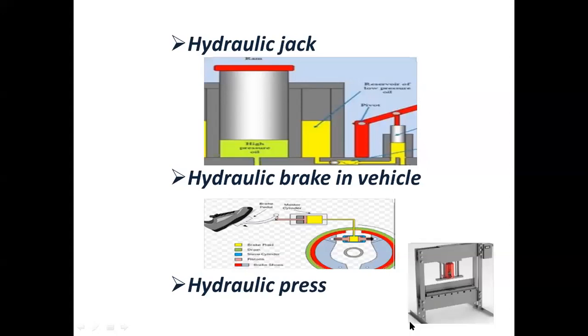In the hydraulic jack, hydraulic brake in vehicles and hydraulic press, in all of these cases, the liquid is contained here and the force is applied on the liquid, and the force is experienced equally all over the liquid, and it makes a force. And that force, we can know that F is equal to 100 F1. Okay.